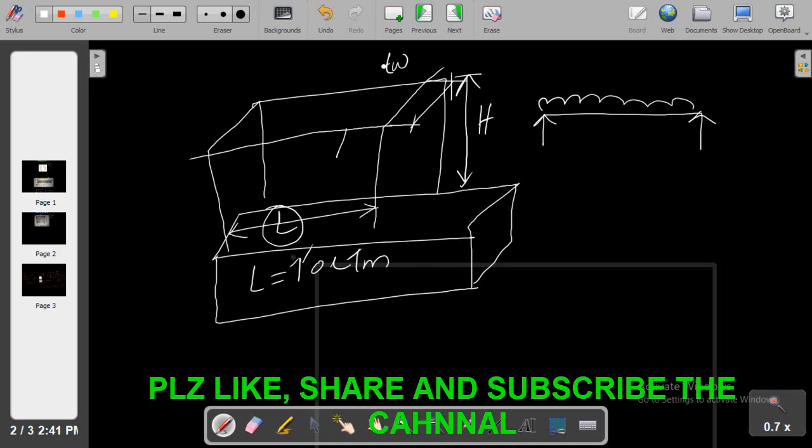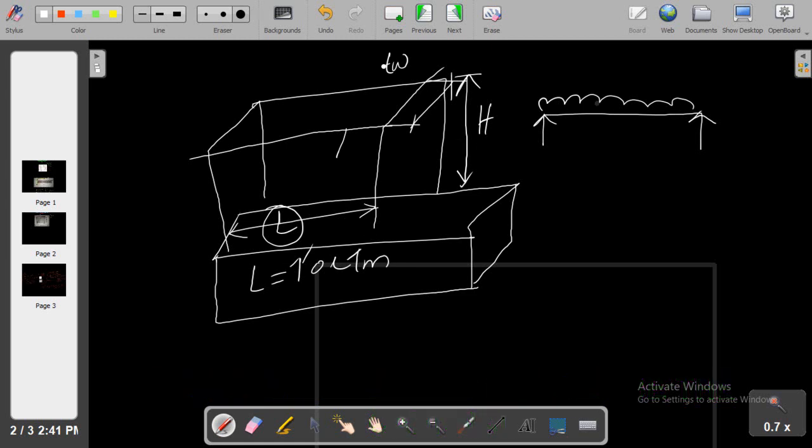So we calculate the loading per running foot or running meter, designated as W, in pound per running foot or kilonewton per running meter. This is the designation of wall loading.